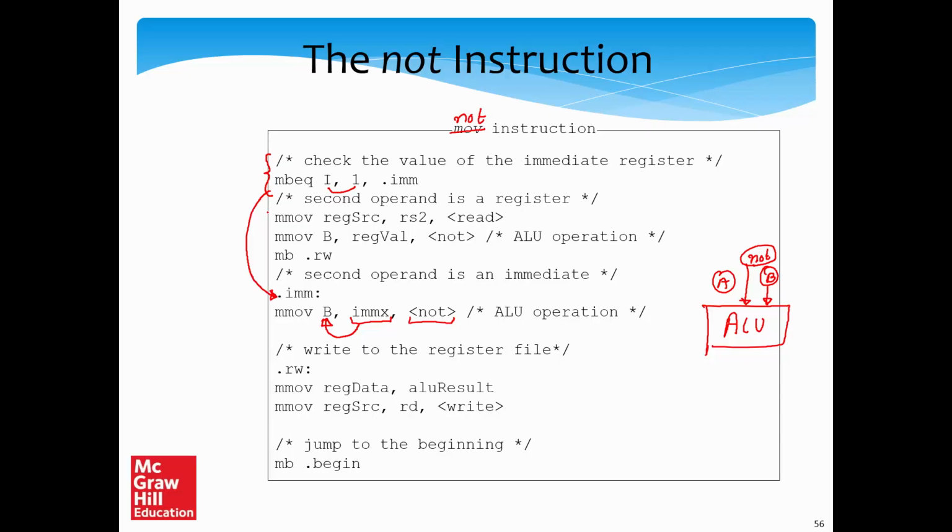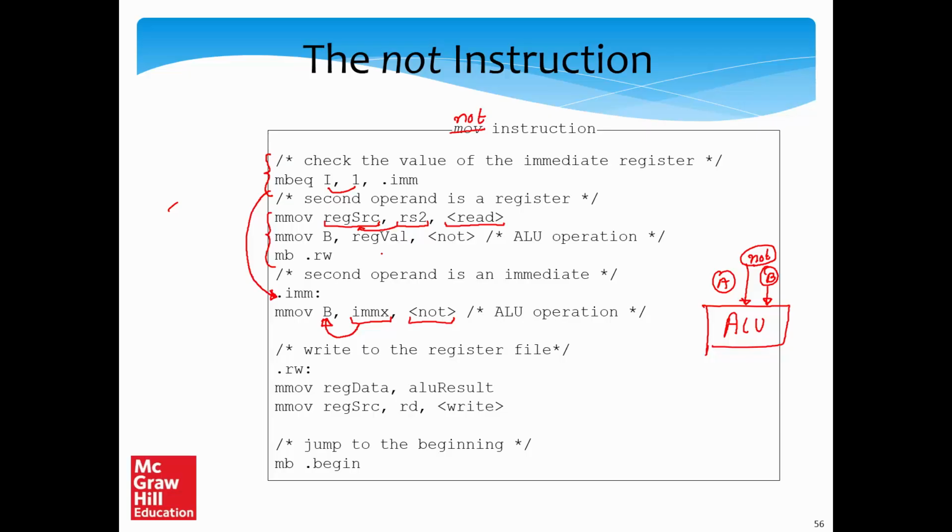However, if the second operand is not an immediate, it is a register, we need to do something else, which is that we need to access the RS2 micro register, which contains the ID of the source operand. This is a register ID, so this needs to be transferred to reg source as we have been doing. And in parallel, we can issue a register file read.